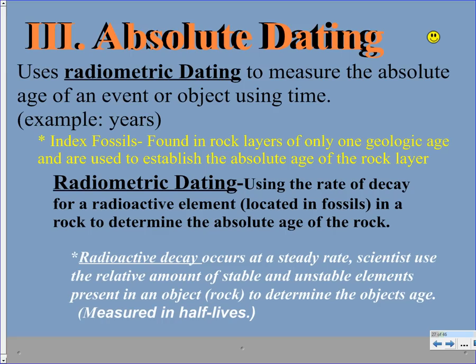I'll say it one more time because I don't want you to write this, because this doesn't make sense to you. It's better written the way that I explained it. Radioactive decay occurs at a steady rate. Scientists use the amount present, in parentheses put stable, and the amount decayed, in parentheses put unstable, to determine the age, the absolute age.